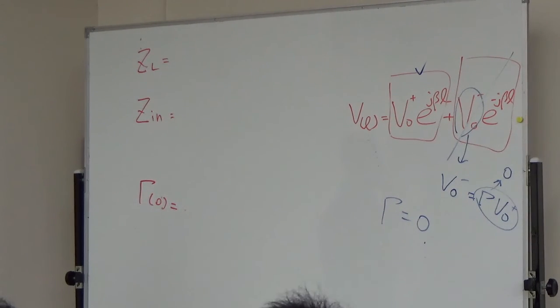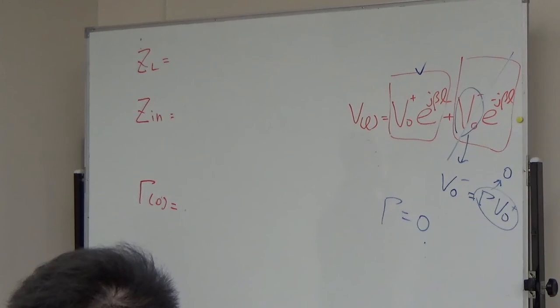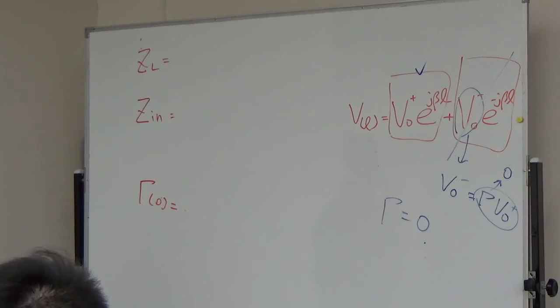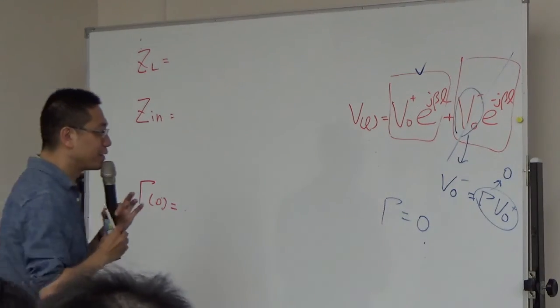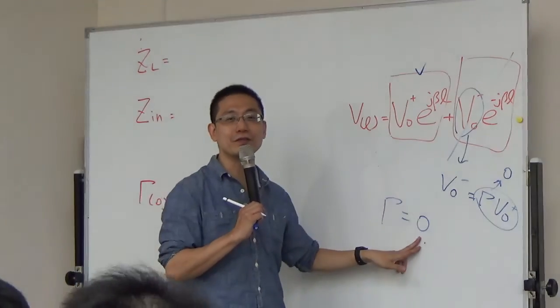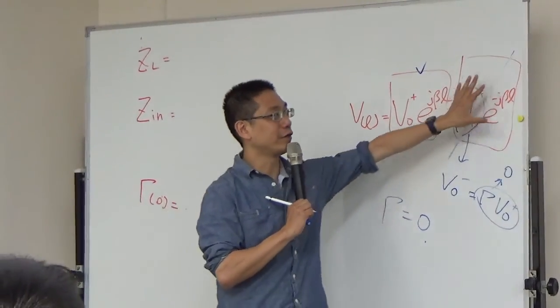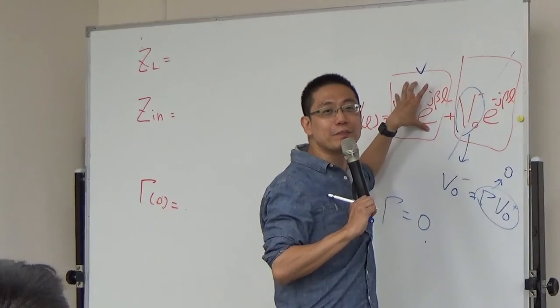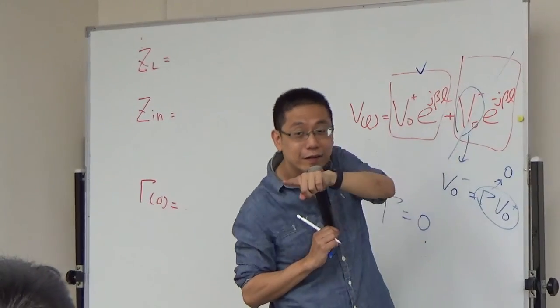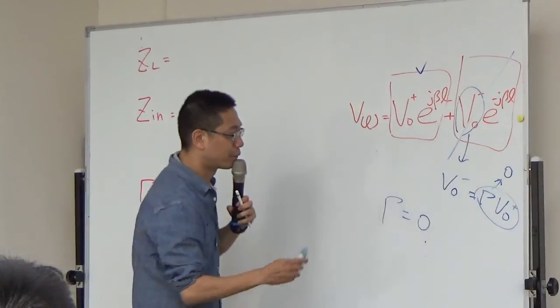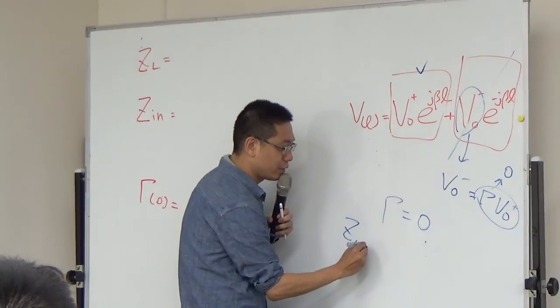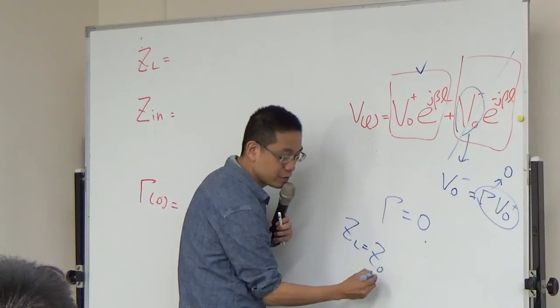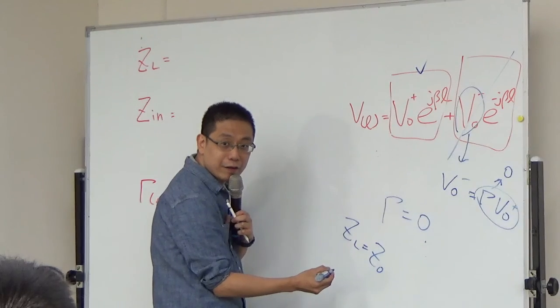Not hard, right? So I said 2 more points. What happens if I want gamma equal to 0 and I don't have this reverse wave? I keep only the forward wave, the positive wave. How? ZL equals Z0. Why?